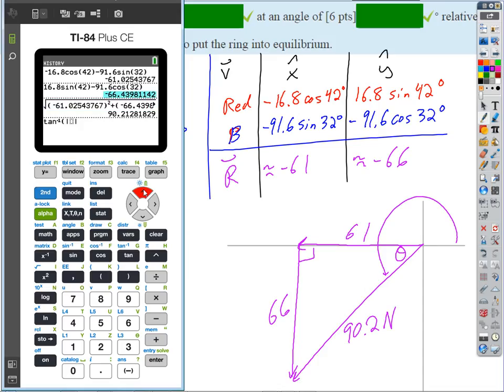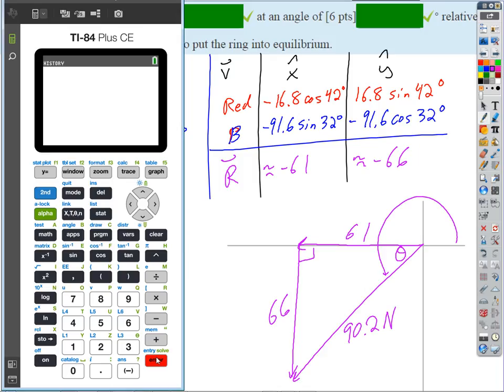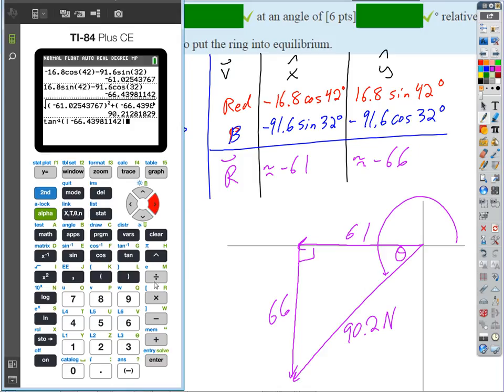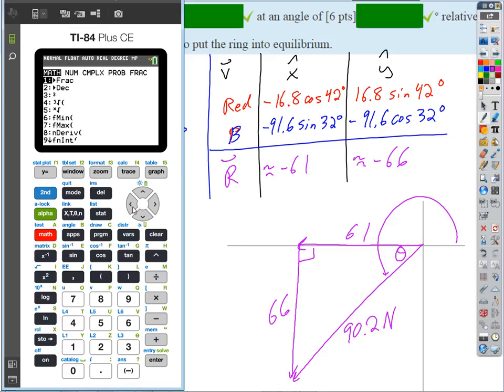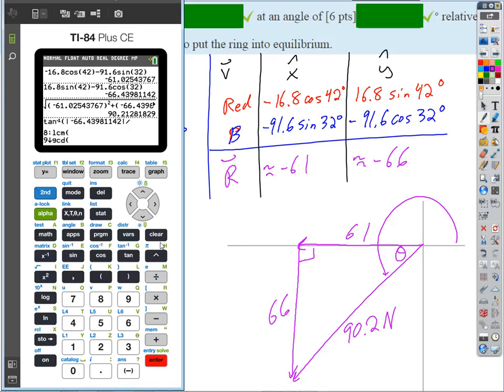that number, the opposite one, right? That number divided by the absolute value of the 61, because opposite over adjacent, right? Okay. Close it.